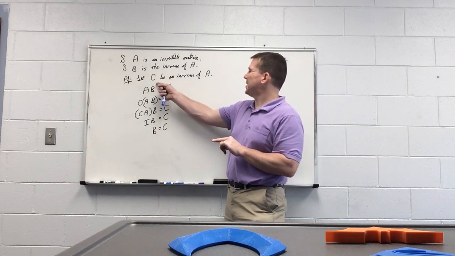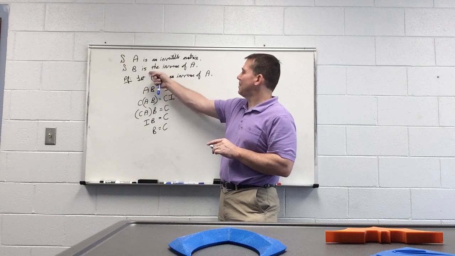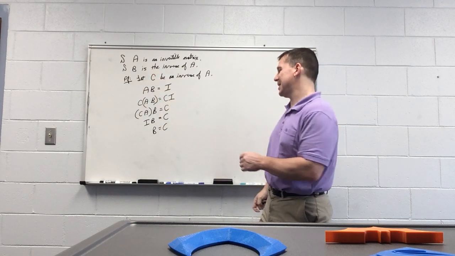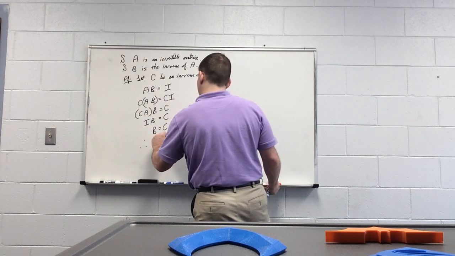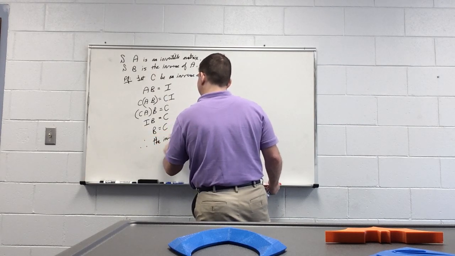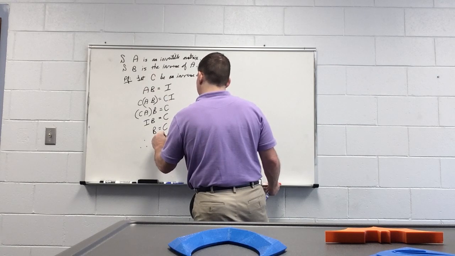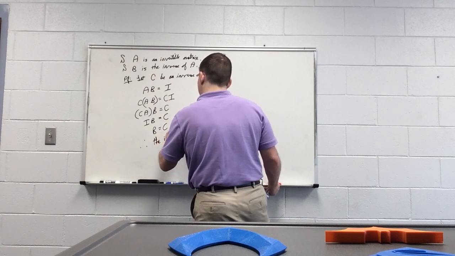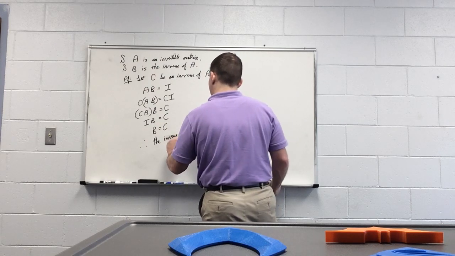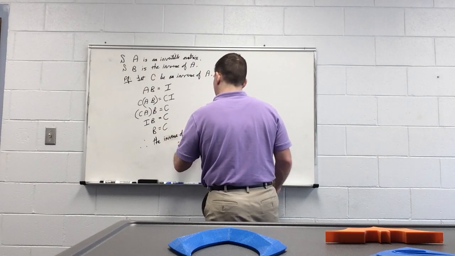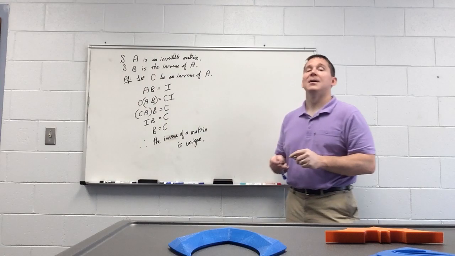Which means if C is an inverse of A and B is an inverse of A, then C equals B. Therefore, the inverse of a matrix is unique.